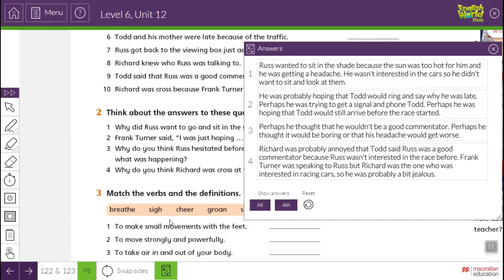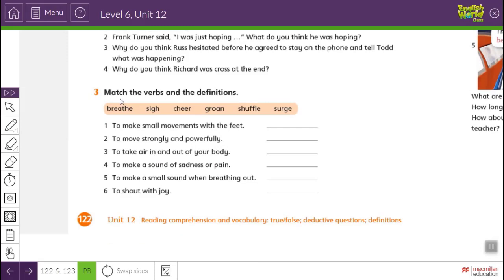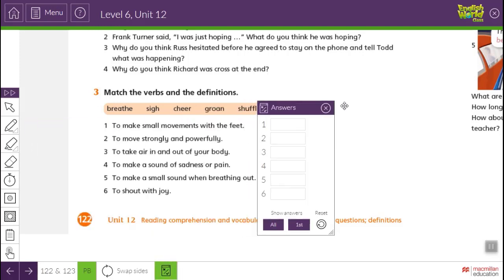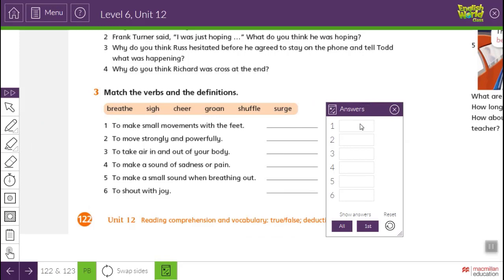Now let's move to exercise number 3. Match the verbs and the definitions. We have breathe, sigh, cheer, groan, shuffle, and surge. Number 1. To make small movements with the feet, it means exactly shuffle. Number 2.